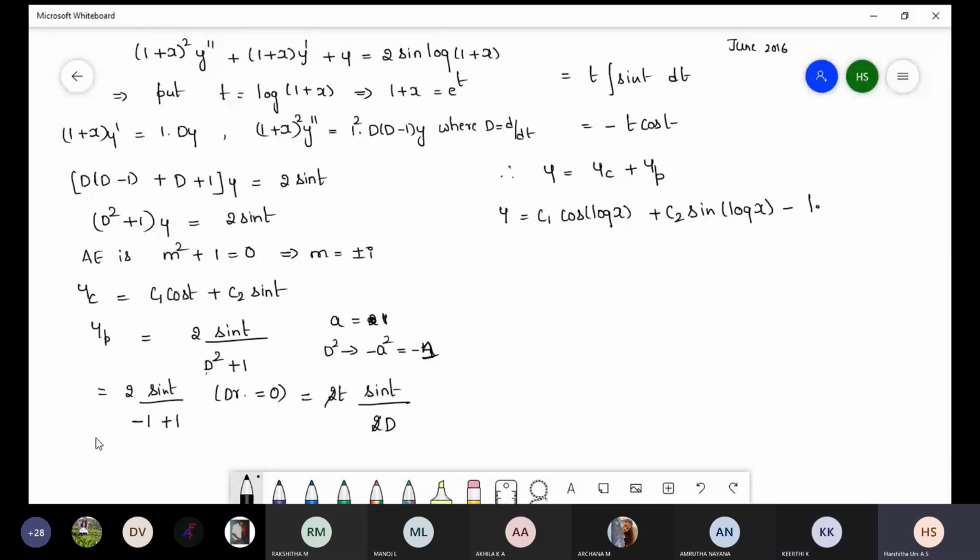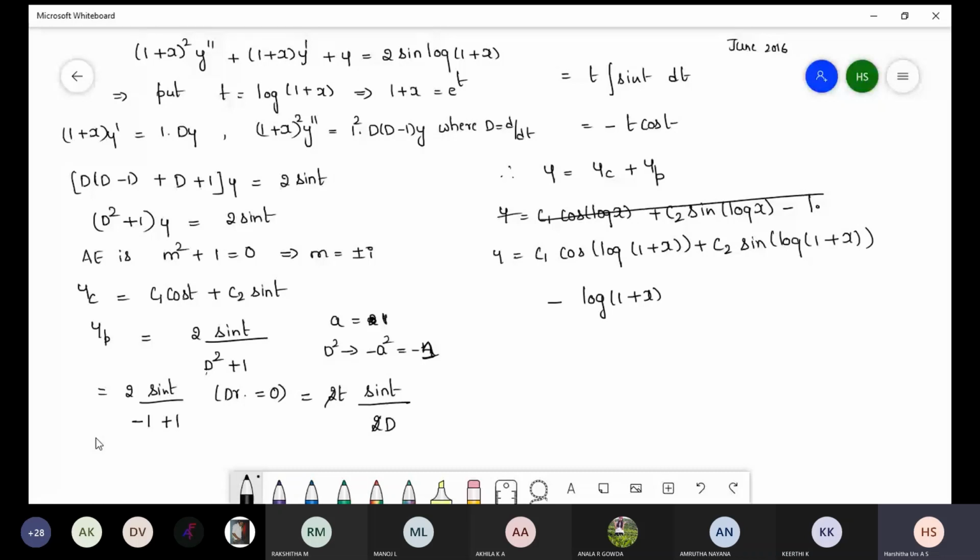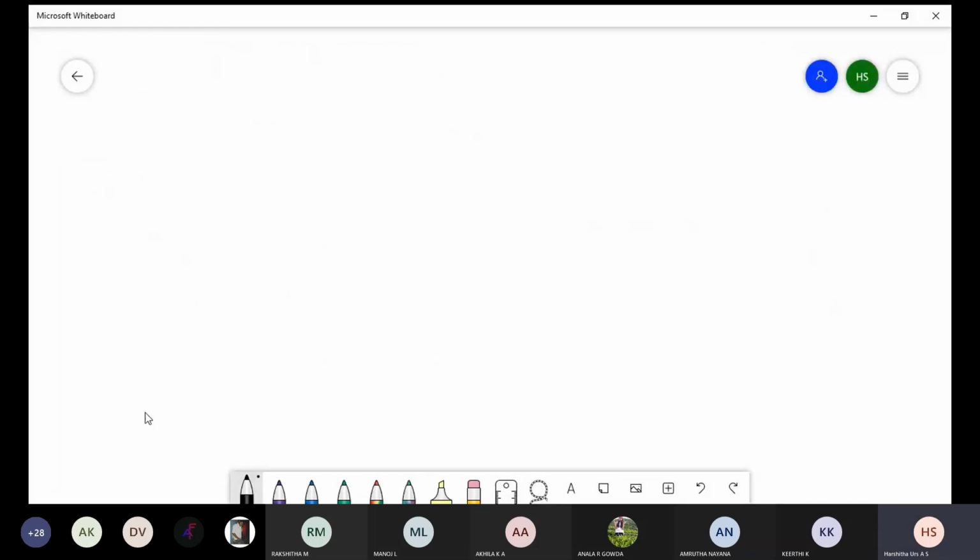I will write it properly: y is equal to c1 cos of log of (1+x) plus c2 sin of log of (1+x) minus log of (1+x) into cos of log of (1+x). This is the solution.